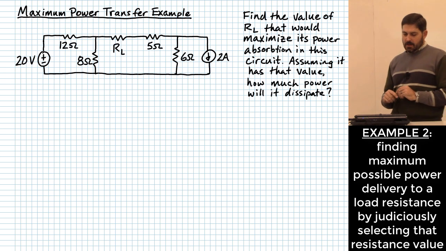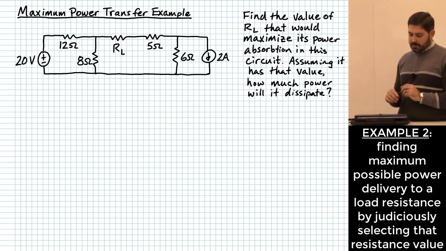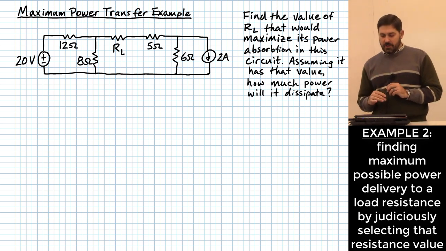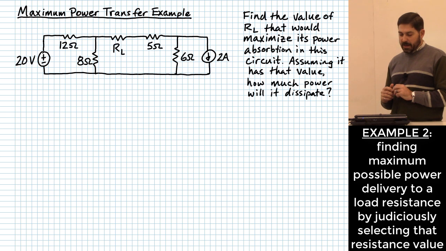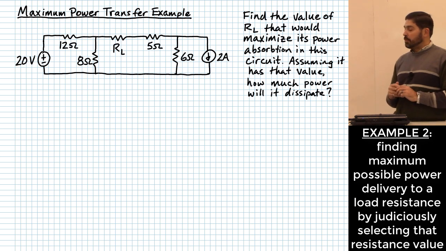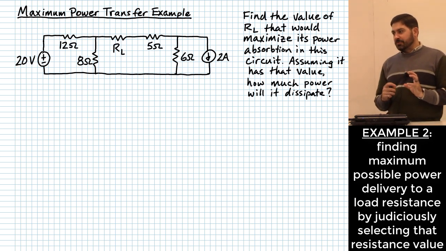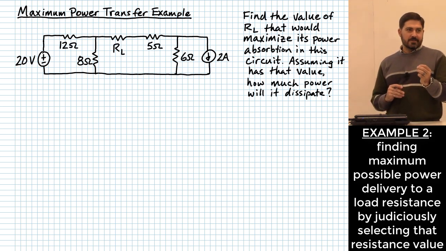Okay? For this example right here, it says find the value of RL that would maximize its power absorption in this circuit. Assuming it has that value, how much power will it dissipate? An interesting thing to kind of throw in here is that in some of your problems, it will use the phrase, tell me what the maximum power you can deliver to a well-chosen load resistance. So what does that mean you have to do first?